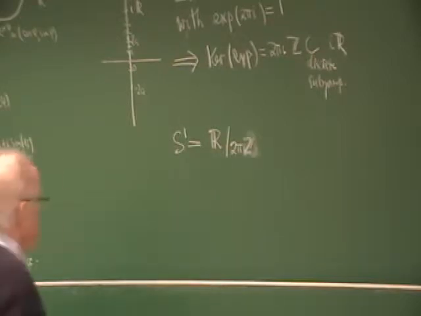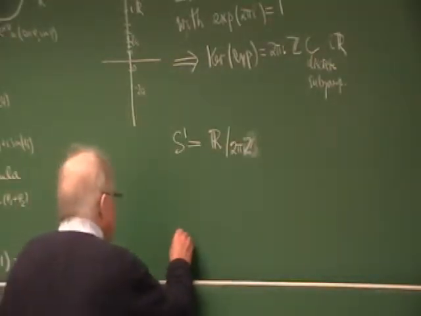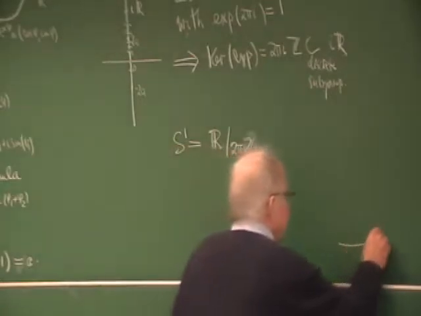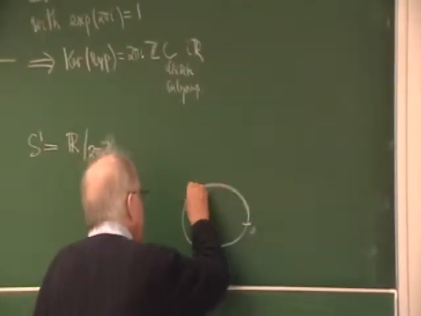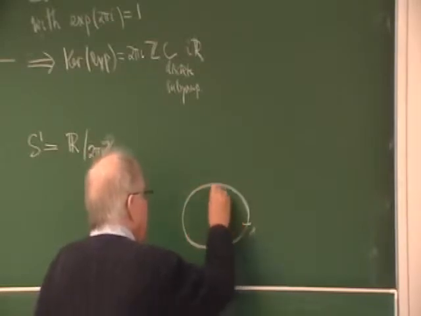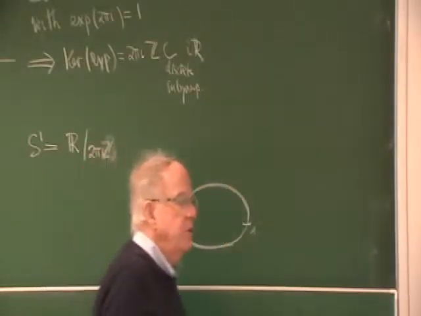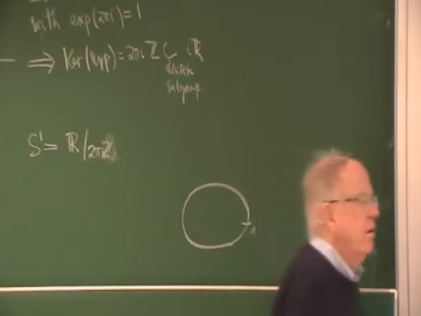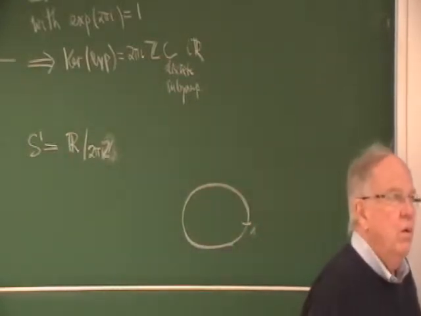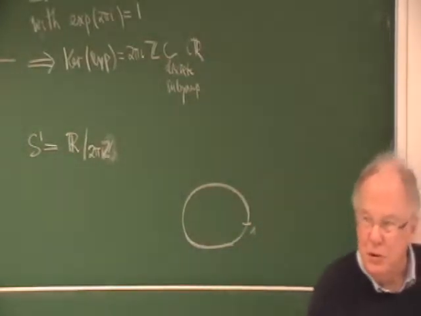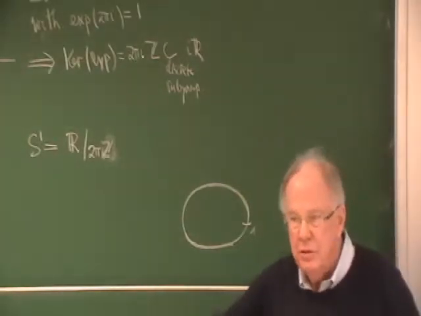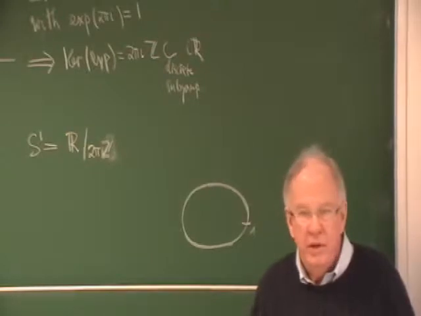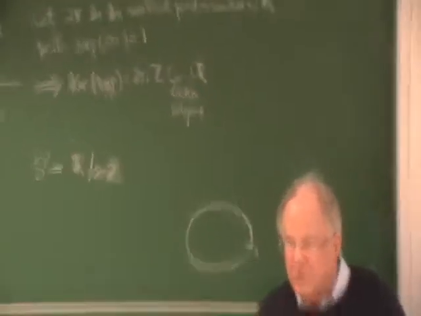Okay? And what it means is that picture-wise, you have the circle, and you start at the point 1, and you go around the circle, and you go around and around and around. There's some language that I learned in high school I've forgotten. Radians as opposed to degrees. I think degrees has 360 degrees, and the number of radians is the percentage of 2 pi or something like that.